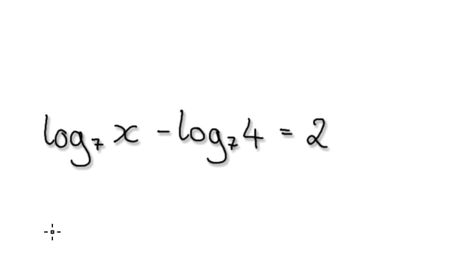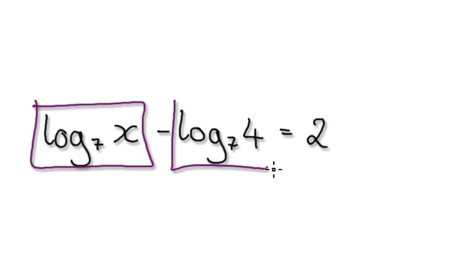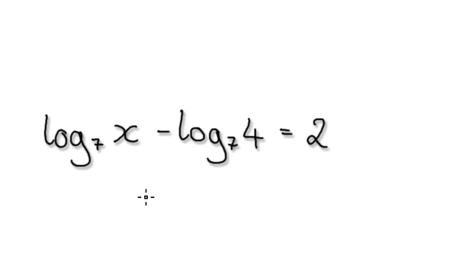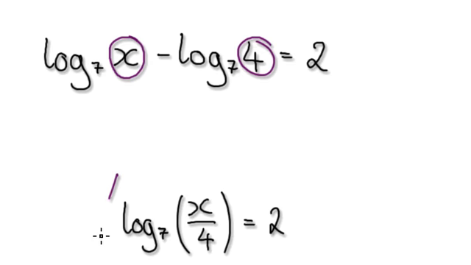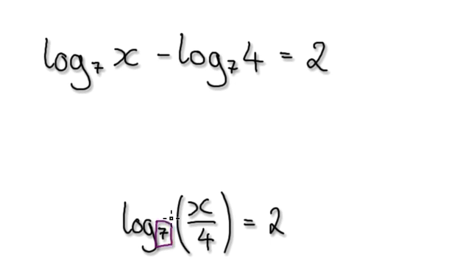Okay, so solve this. So press pause and have a go. Okay, so here you can see that it's one log taking away another log, and check that the two bases are the same. Because they're the same, you can merge them together. So it's really a matter of this divided by this. So that takes you to here. Now translate. Looking at this, it is base 7.